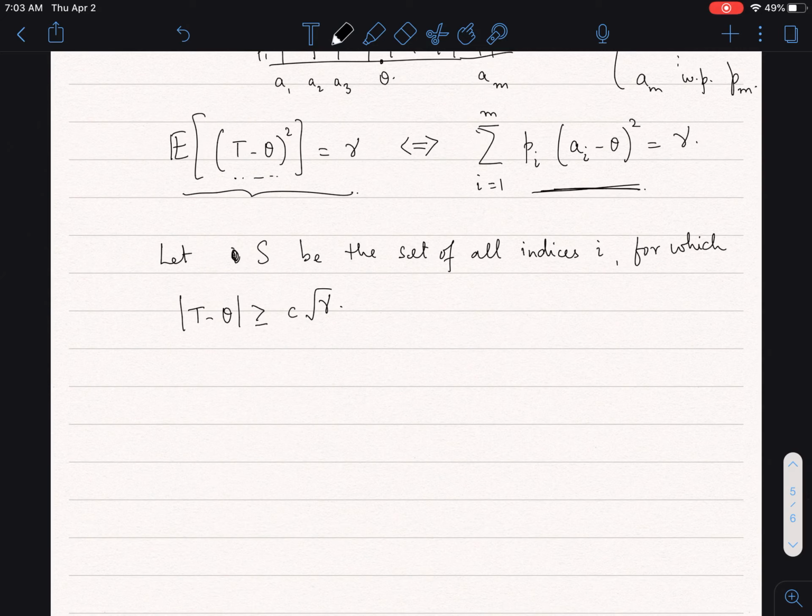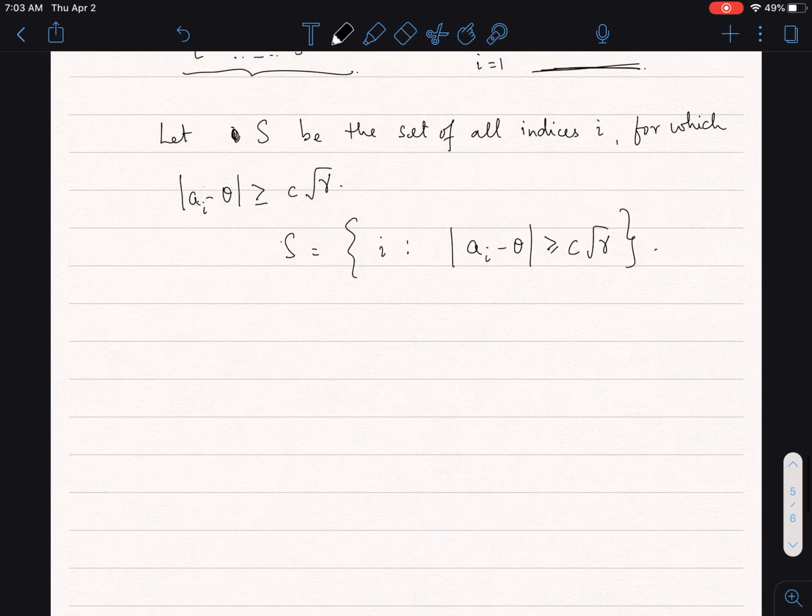So formally I write S as the set of all i such that |ai minus theta| is more than or equal to c root gamma.